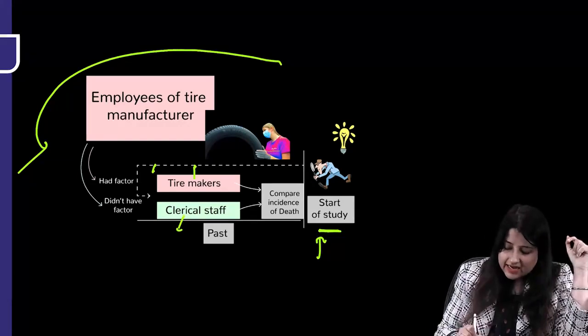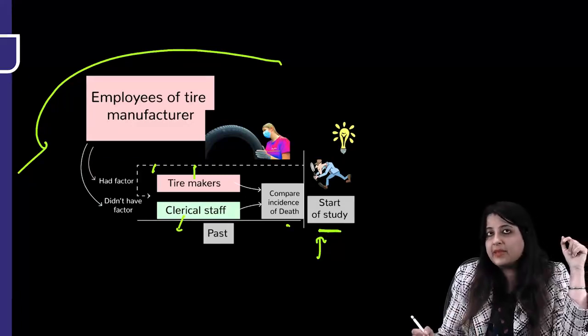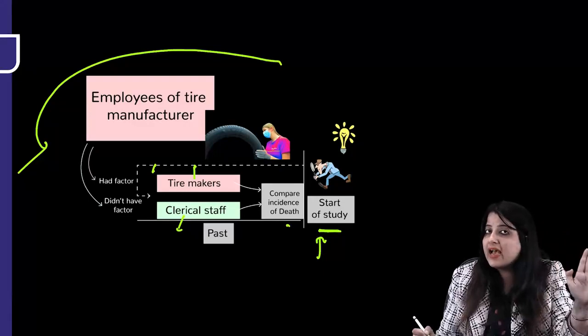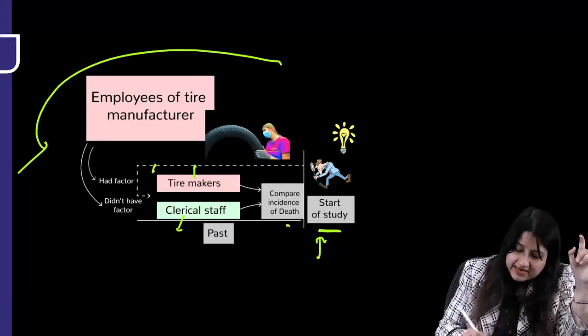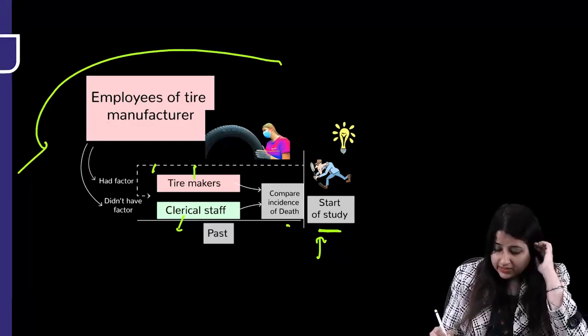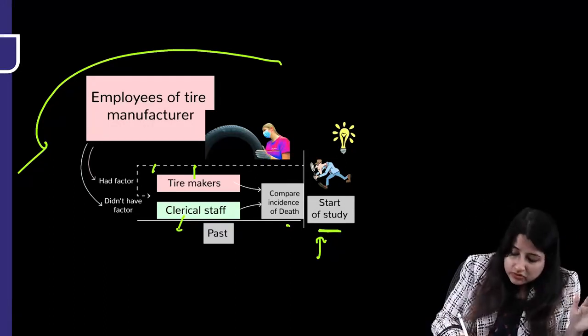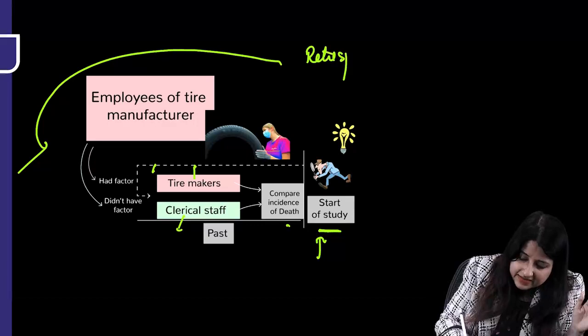And then you again come forward to compare incidence. Now, is it a cohort? It's definitely a cohort. Why? Because you are comparing exposed and non-exposed only, and you are finding out the incidence. So this is known as a retrospective cohort.